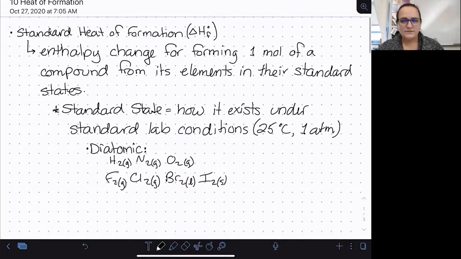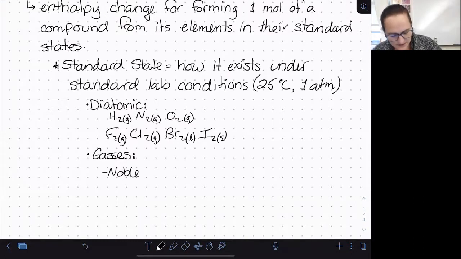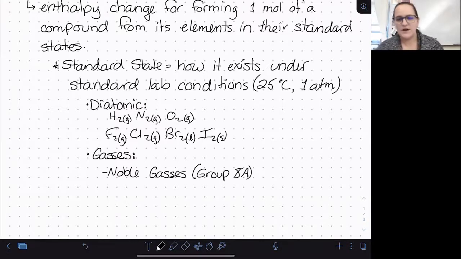There are only a handful of gases on the periodic table. The noble gases, of course, that entire family. The last column on the right on the periodic table, also known as group 8A.